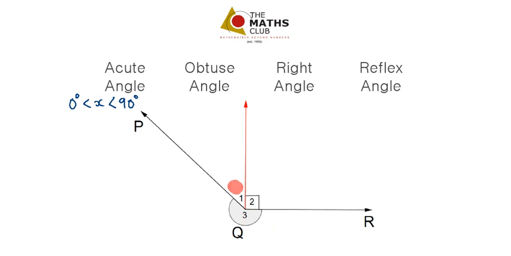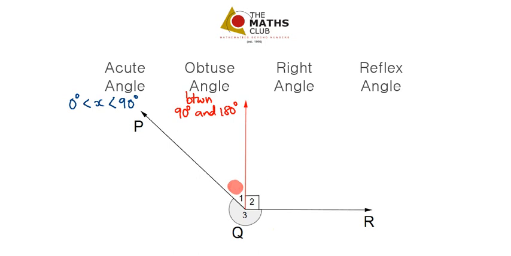Then you've got another angle that is obtuse. An obtuse angle is between 90 degrees and 180 degrees. If we called it X again, maybe it's not appropriate, so we're going to give it another name.